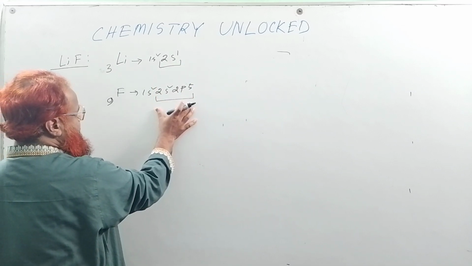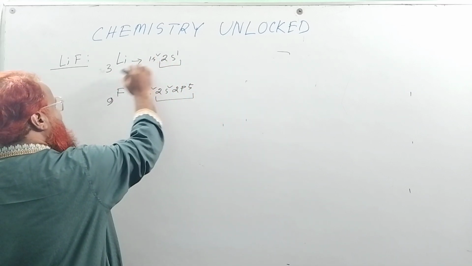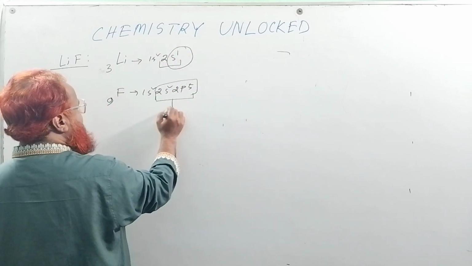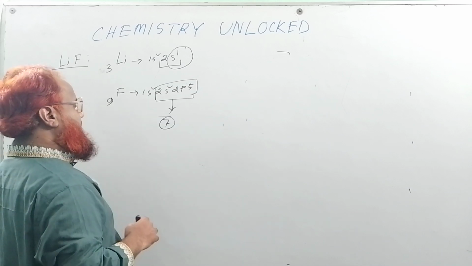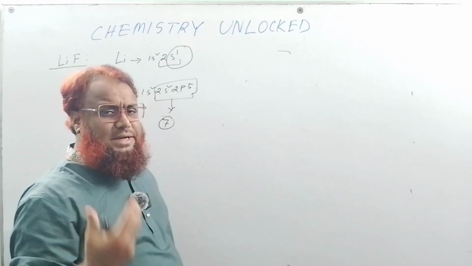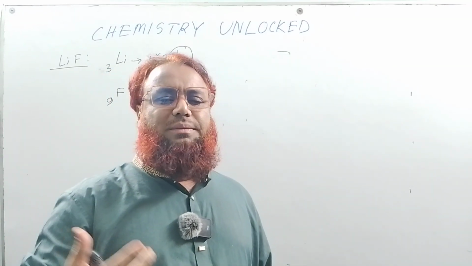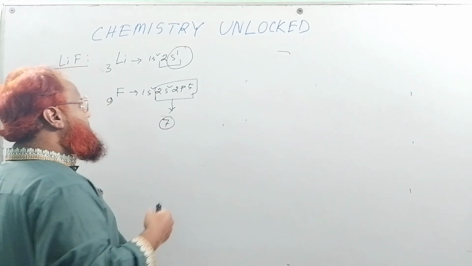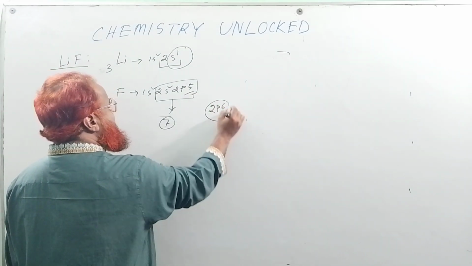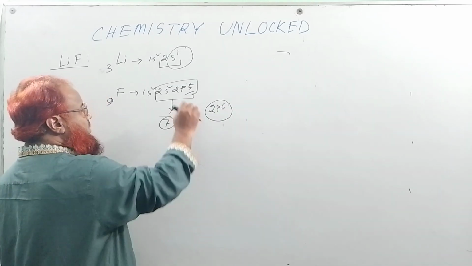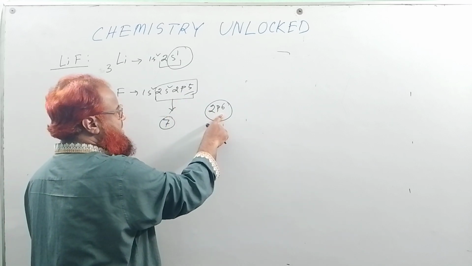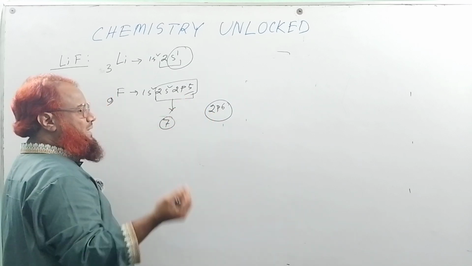Lithium can easily donate this 1 electron, and fluorine has a total of 7 electrons in the valency shell. So fluorine has the tendency to receive 1 electron from others. Why? Because it has 2p5. The maximum electron holding capacity of the p subshell is 6, you know it. So, to fulfill this p subshell into 2p6, this 2p5 will receive 1 electron.